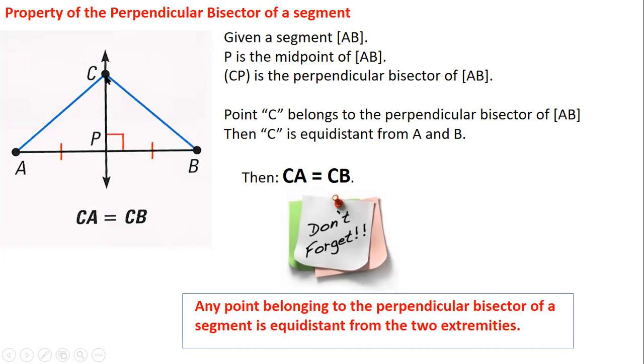So point C is on the perpendicular bisector. It belongs to the perpendicular bisector of segment AB. If you look at CA and CB, this blue line and this blue line, they are equal to each other, since any point belonging to the perpendicular bisector of a segment is equidistant from the two extremities. Then CA will be equal to CB. This is a very important property of the perpendicular bisector of a segment.